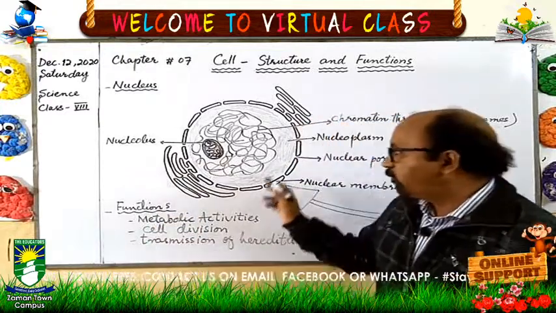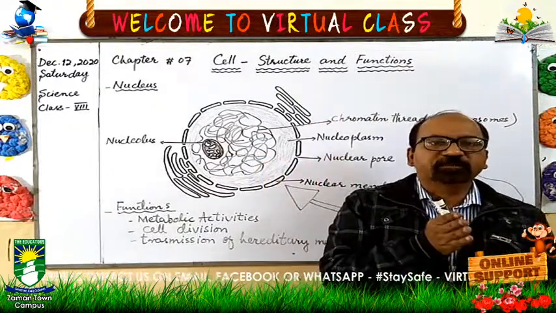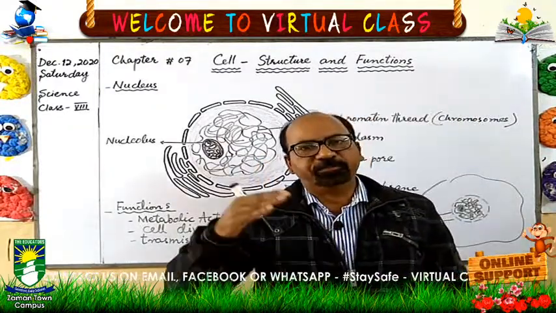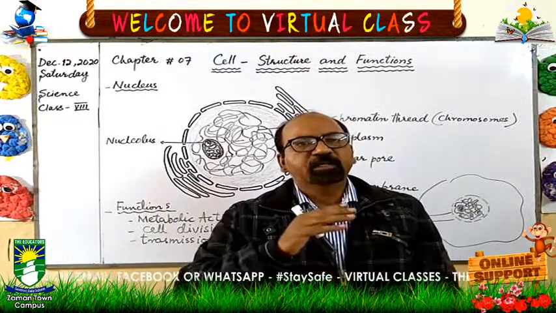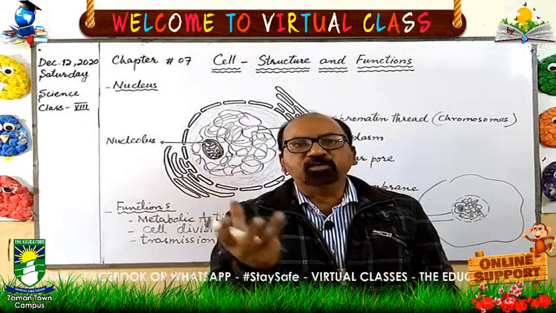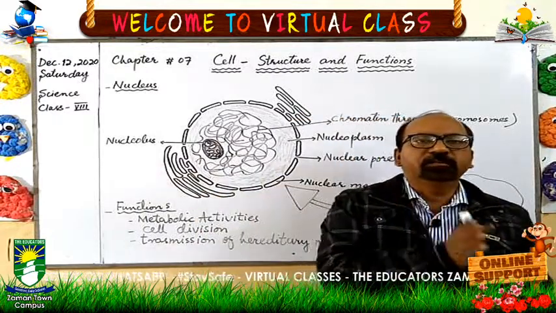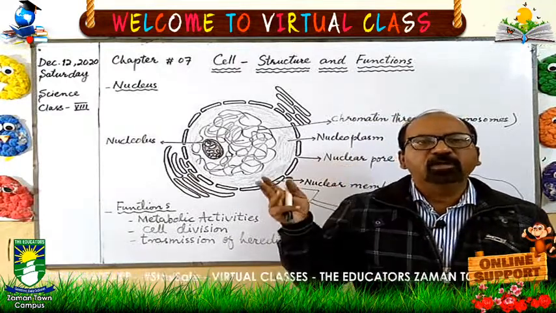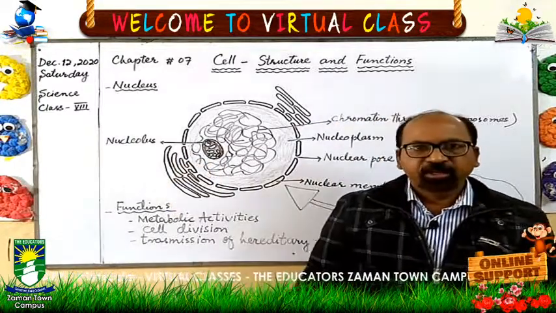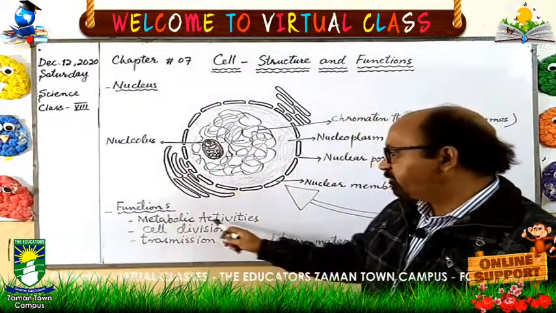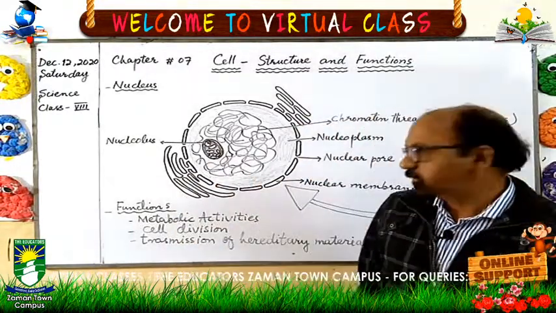These are controlled by the nucleus, because sometimes in the cells the productive activities take place, and sometimes destructive, meaning sometimes new things are being formed, and sometimes things are broken down. So all these activities collectively are called metabolic activities. So all the metabolic activities are controlled by the nucleus.